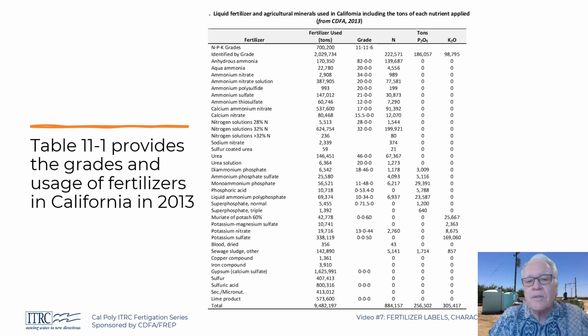Okay, what that means is some of this stuff is solids and some of it's liquid. I've mentioned before, and this shows that most of the fertilizers we use in California are liquid. And then you go down and you find all sorts of other chemicals. There are some big numbers and some small numbers, but it gives you a little idea of the mix and the different grades that are out there.